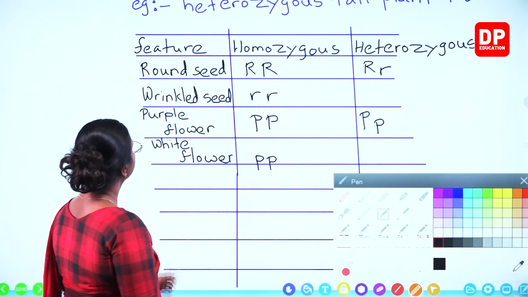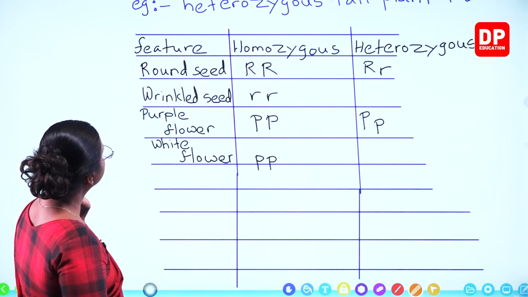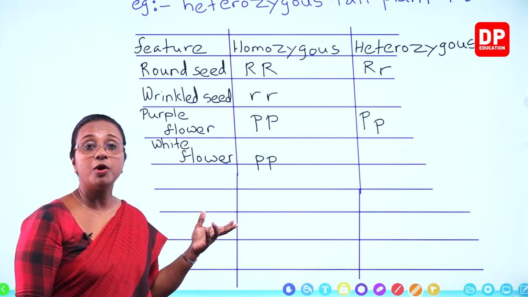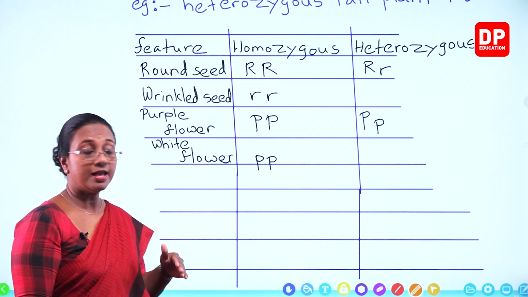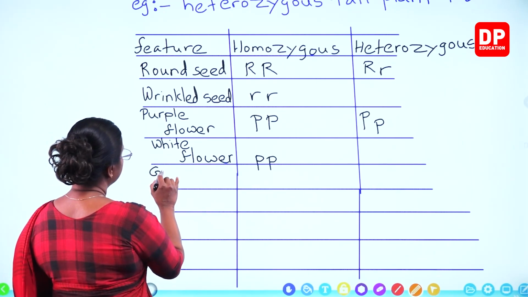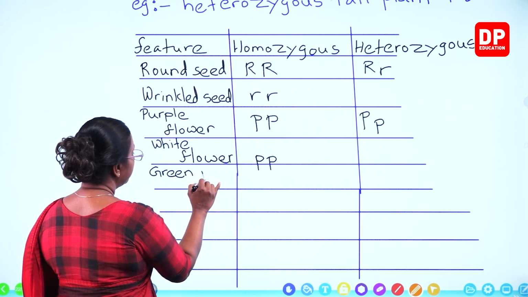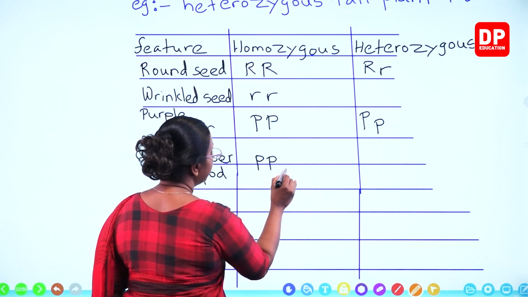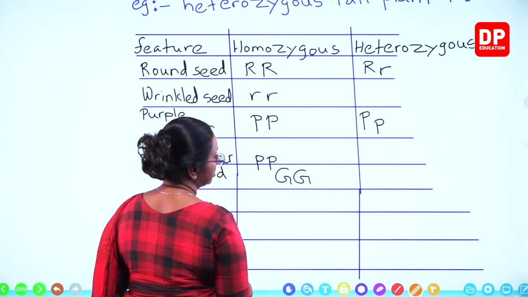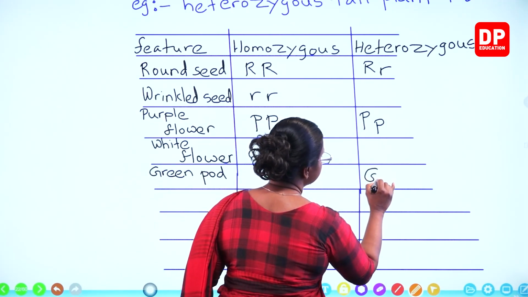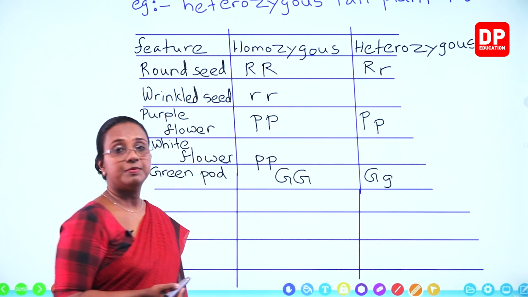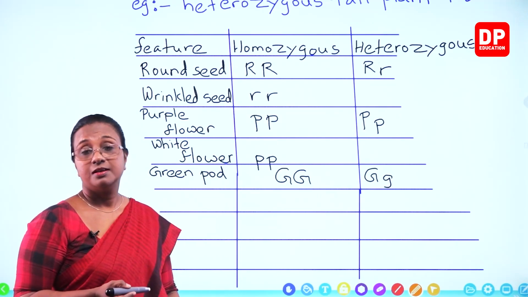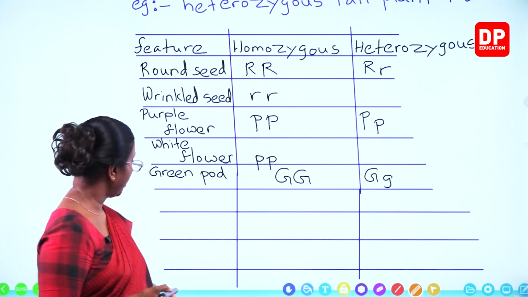So here again, we had the round seed, wrinkled seed, purple flower, white flower, then color of the pod. Green pod, yellow pod. So, green pod, that is the dominant one. So, we have capital G, and heterozygous instance, capital G, simple G. But still the character that is expressed is green color pod.